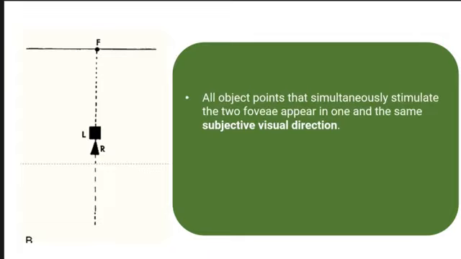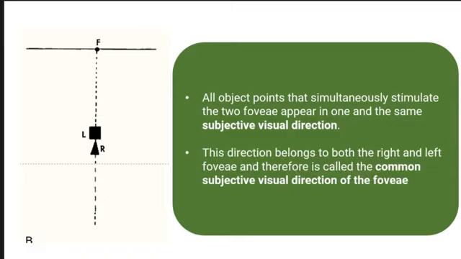So basically all the object points that are simultaneously stimulating the two foveas appear in one and the same subjective visual direction. Okay, and since this direction belongs to both the right fovea as well as the left fovea, this direction is known as the common visual direction of the foveas.